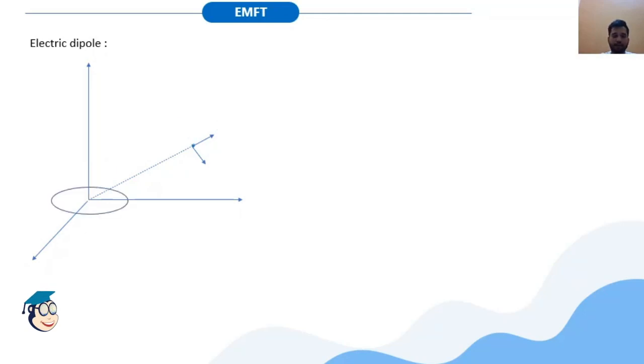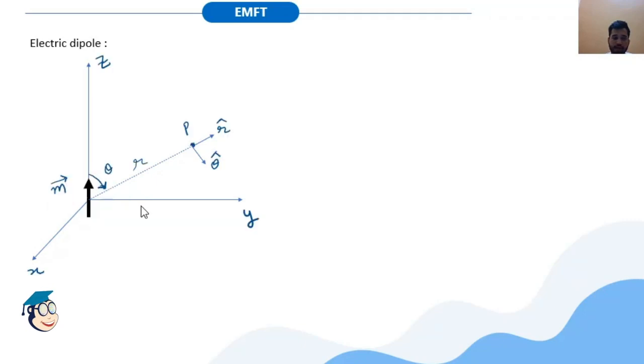So the question may look like this. This is a circular loop carrying current I, and it has some area. They will give you the radius of the circular loop, and you can easily calculate the area of that loop. By multiplying that area with the given current in the loop, you can calculate the magnetic dipole moment.